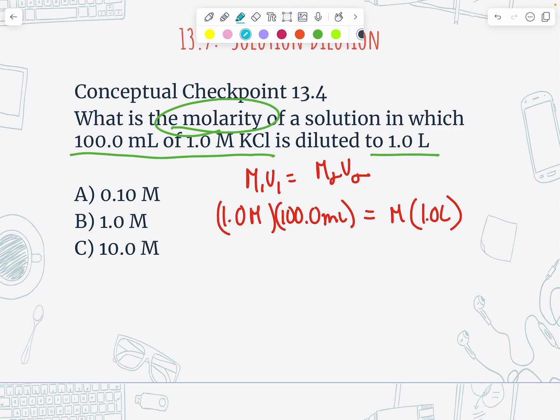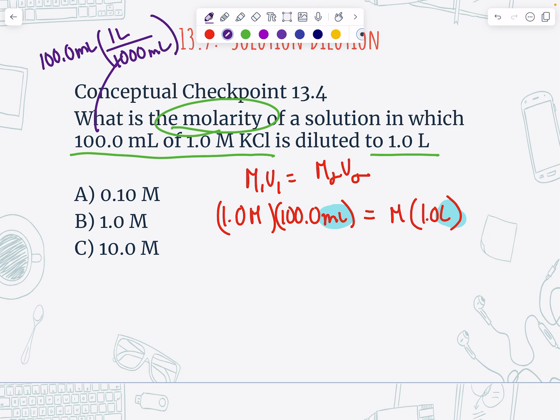Now, notice this unit is milliliters and this unit is liters, so they will not cancel the way that I have it written. It actually doesn't matter if I convert milliliters to liters or vice versa. So let's convert 100.0 milliliters to liters. There's 1 liter for every 1,000 milliliters.